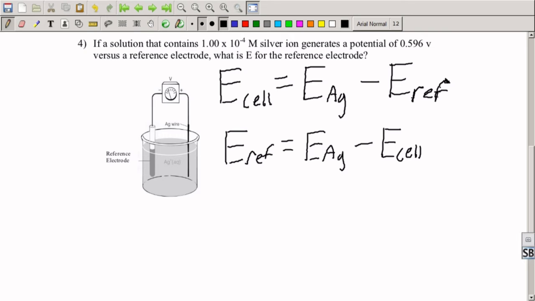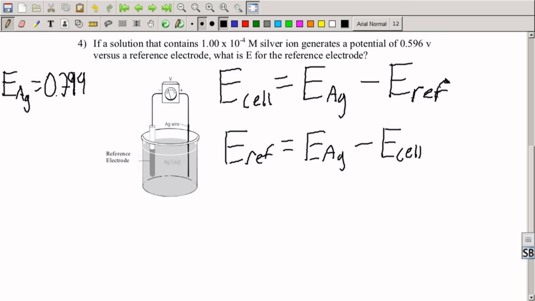Okay, so how do I determine the half potential of my silver electrode? That's where the 0.799 comes in, right? The half potential of my silver electrode is going to be equal to the half reduction potential at standard conditions for silver.